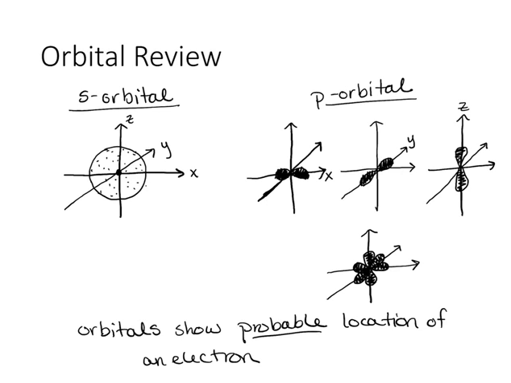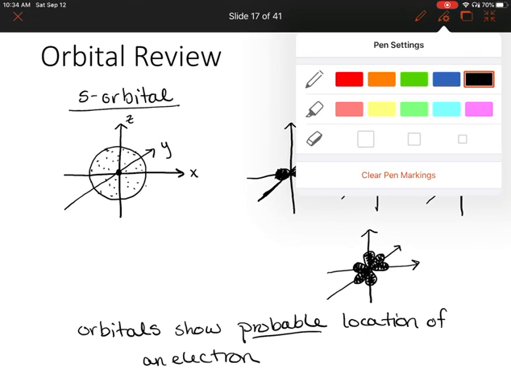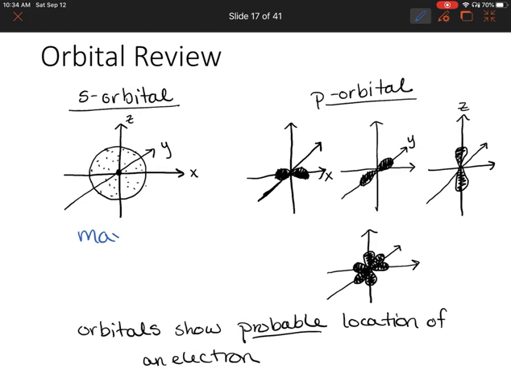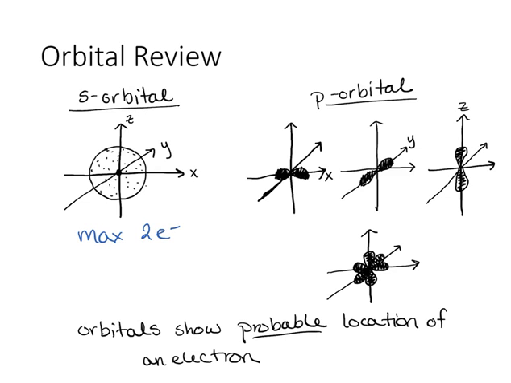All right, now how many maximum electrons can exist in an s orbital? 2. What about the p orbitals? So let's just look at the px orbital by itself.